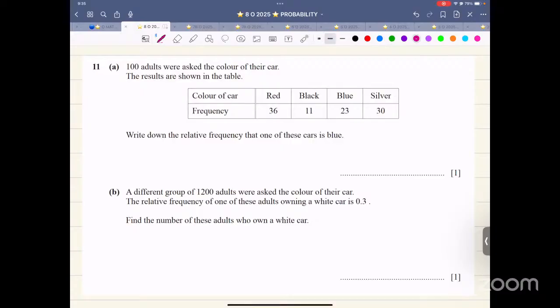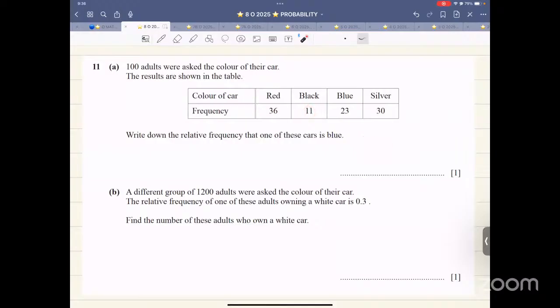Okay. So now it says 100 adults were asked about the color of the car. The results are shown in the table. The color of the car, red, black, blue, silver, and then the corresponding frequencies are given. Write down the relative frequency that one of the car is blue. So this 11, that is the numerator, and 100 is the denominator.